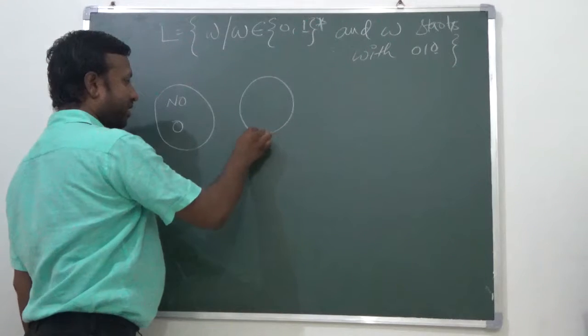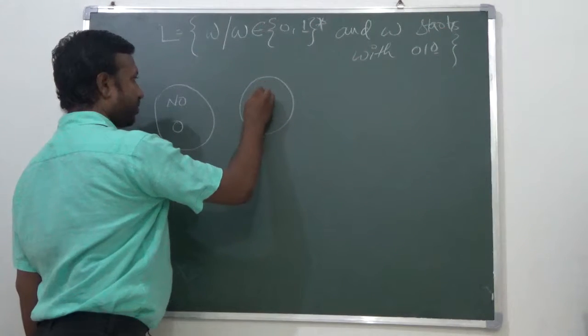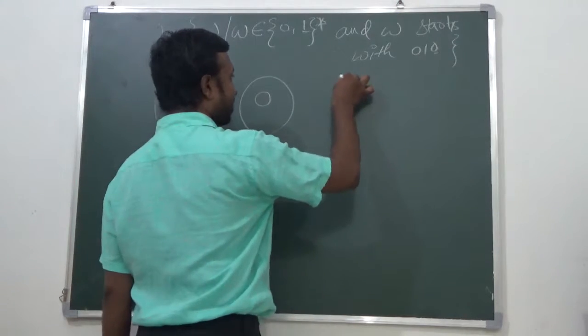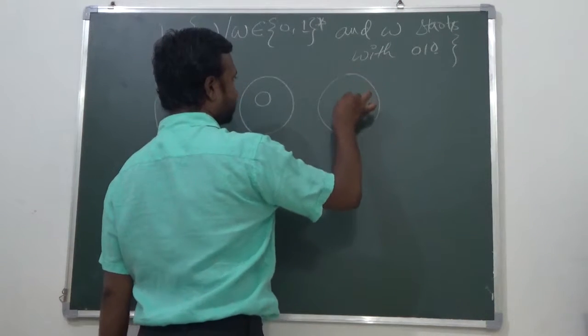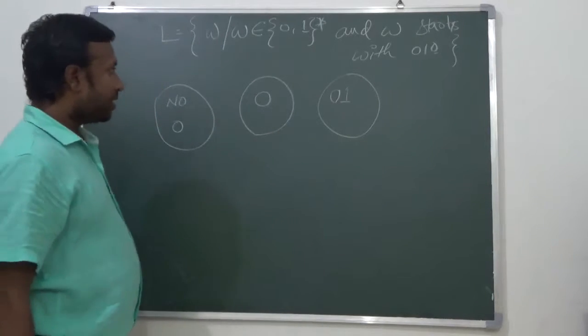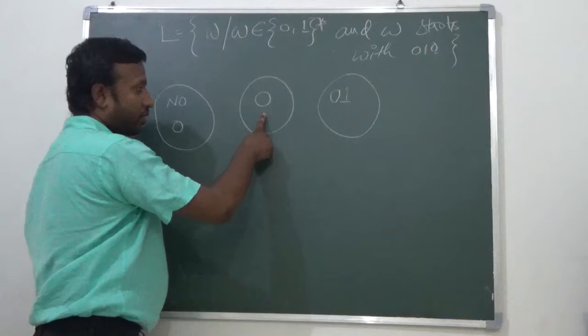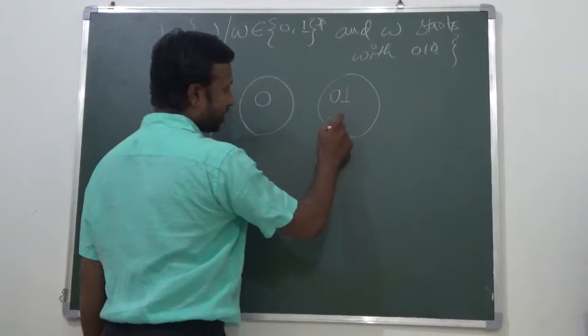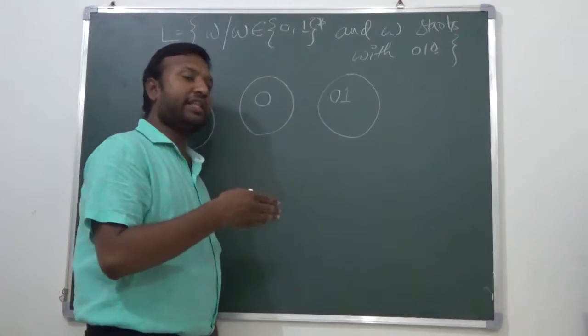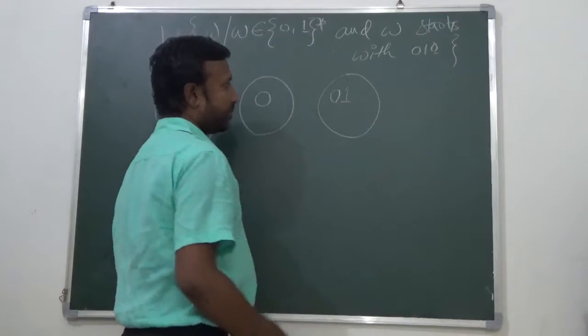Then the machine has seen a 0. So this is a 0. Then the machine has seen a 1. That means if the machine has seen 0 and then the machine is going to this state, then already the first 2 symbols the machine has seen are 0, 1.